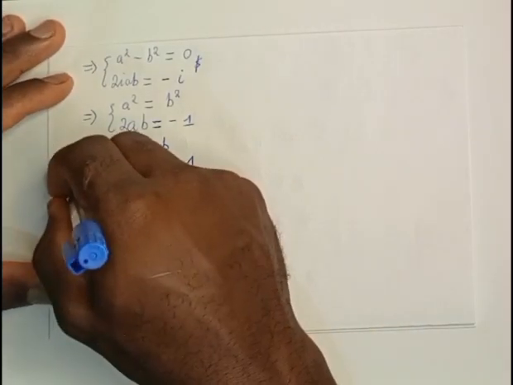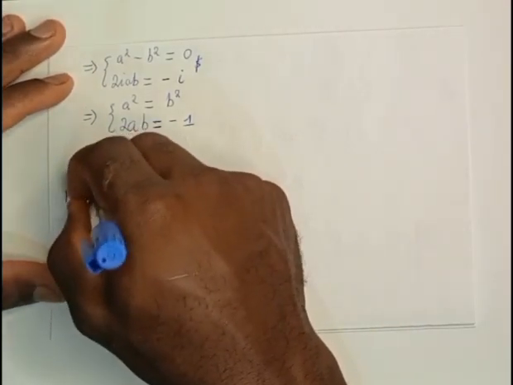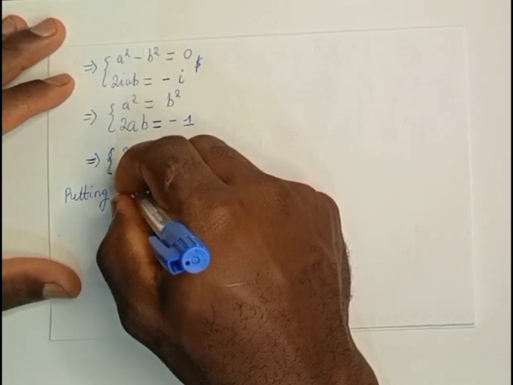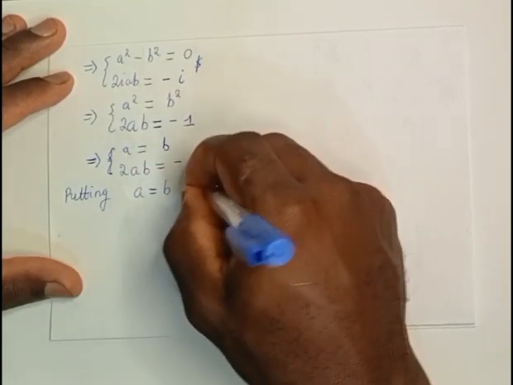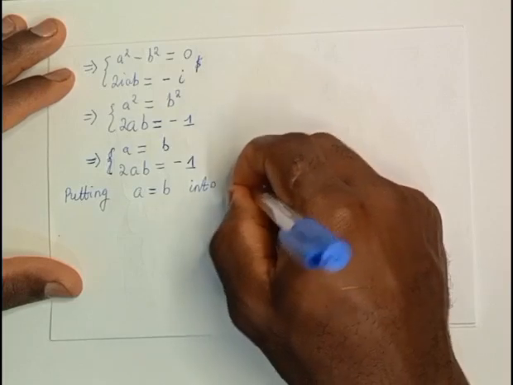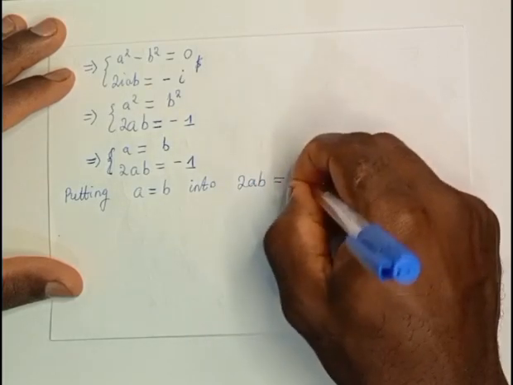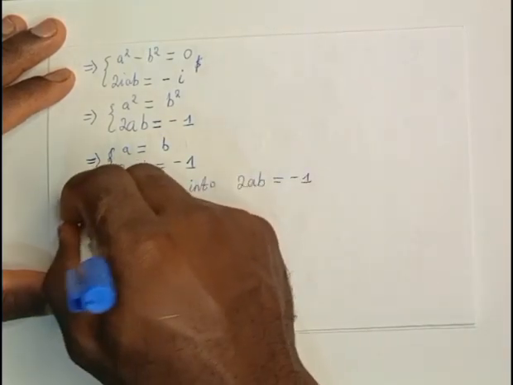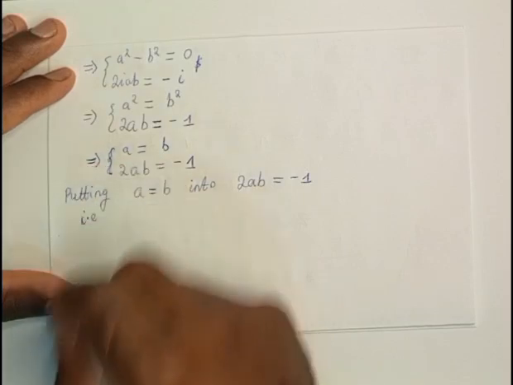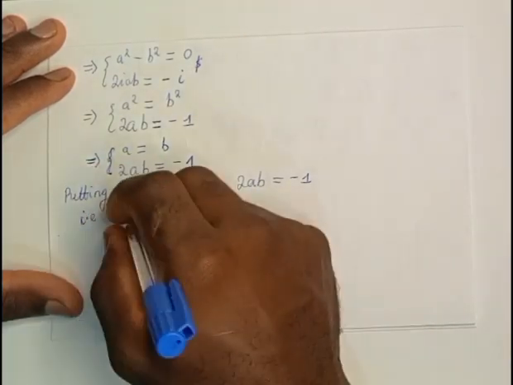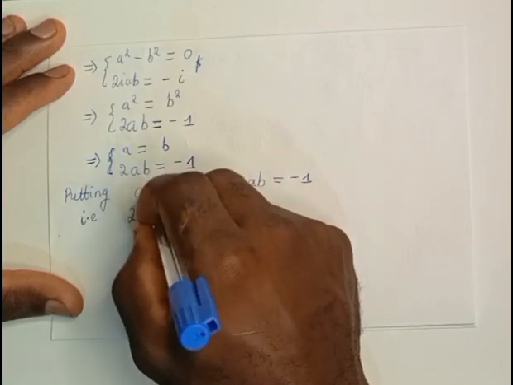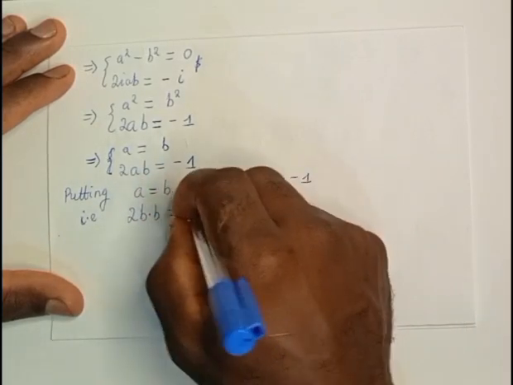Putting a equal to b into 2ab equal to negative 1, that means we have to replace a here with b. This will give us 2b times b is equal to negative 1.